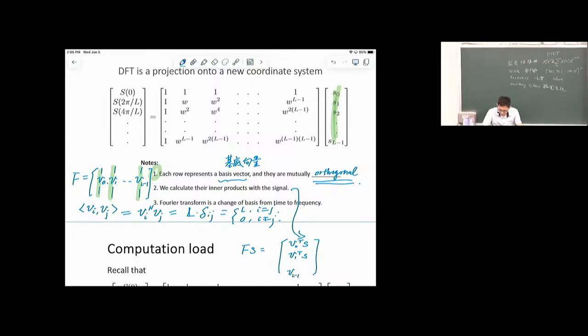VL minus 1, the last one, transpose S. So basically, we are calculating the inner product of these basis vectors with our signal.